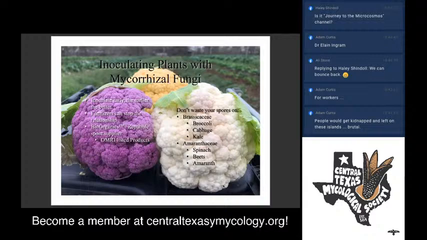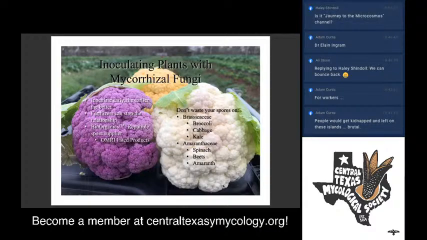You can even buy seeds with a seed coating that includes mycorrhizal fungi already. But if you don't want to spring for the cash, you can dust the roots of your seedlings, or mix the spores into some water and do a soil drench that way.